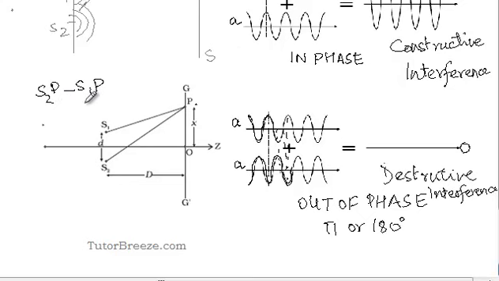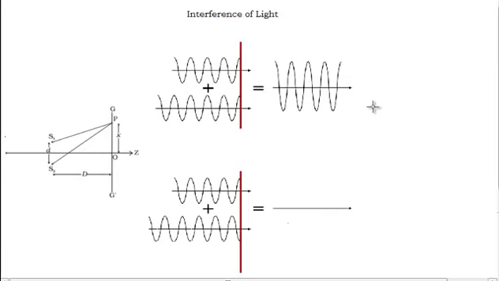Now this difference in path length introduces a phase difference between the waves. So the waves which reach the screen might be in phase or out of phase. If the path length difference for waves reaching a point on the screen is an integer number of times the wavelength, then the waves meet in phase and they produce constructive interference.